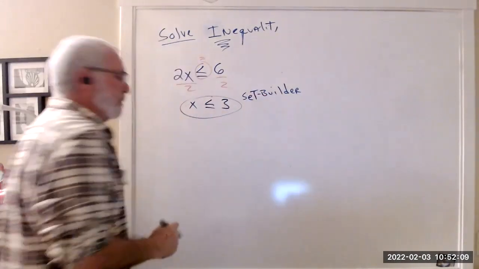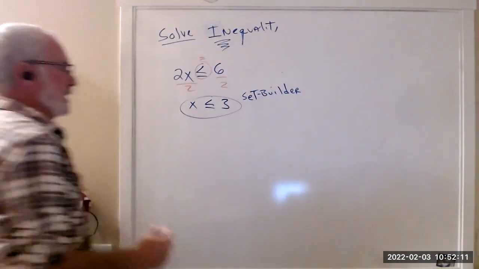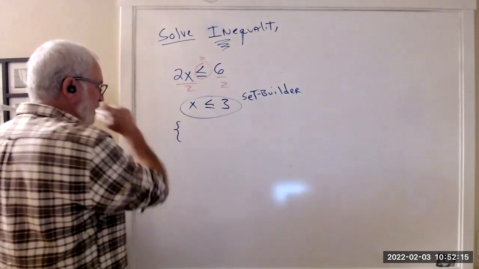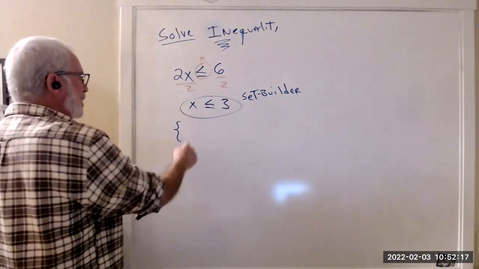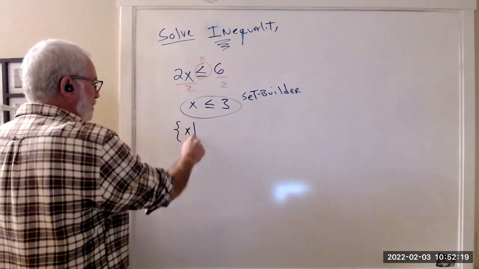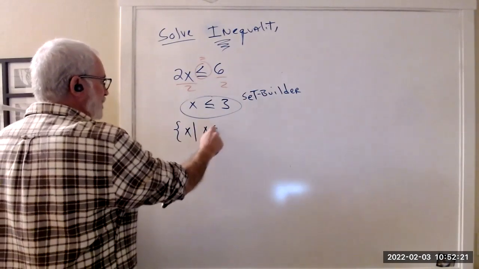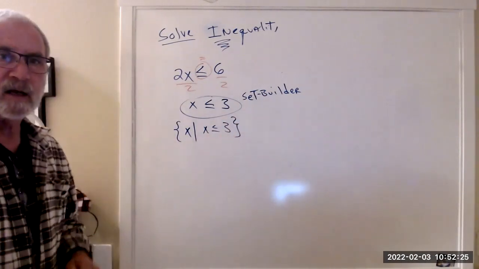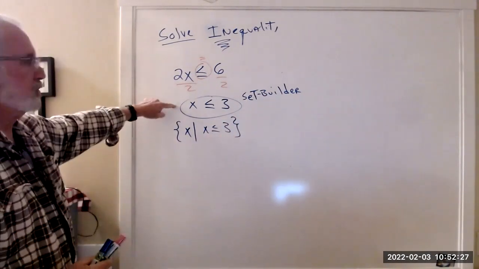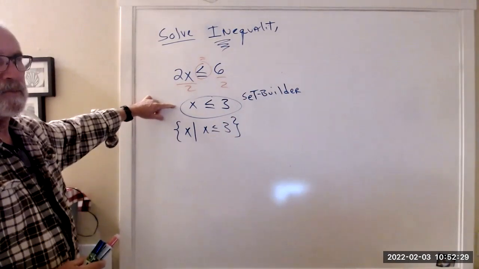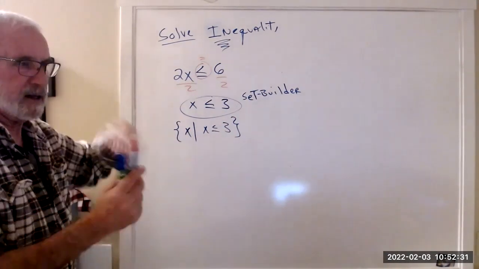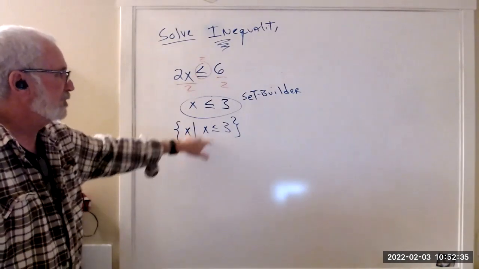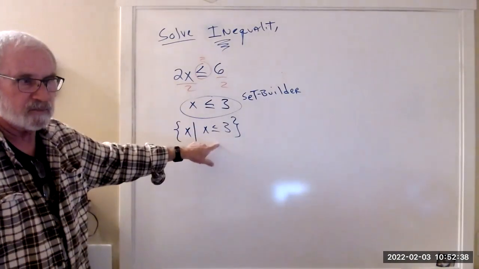This is known as set builder. Technically, it should be like this. It's real fancy. It's these funny braces, and you say x bar, and then you write x less than or equal to 3. That's the official way. This one that I've circled is the lazy way, but this is the correct way. And I'll explain what all these symbols mean. But this is the right way to do set builder notation.